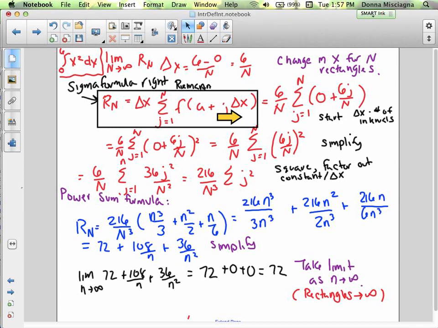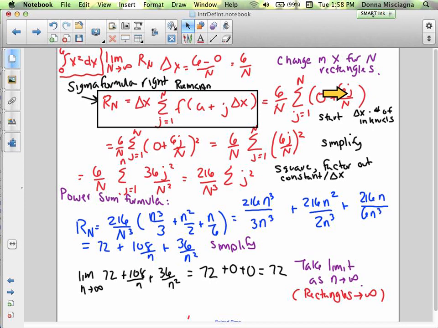All right, so we're going to plug in our values. This is the start plus the change in x times the number of intervals. So that's what we're going to be evaluating. Our starting value is 0 plus 6, our change in x, times n, and we have some number of intervals.